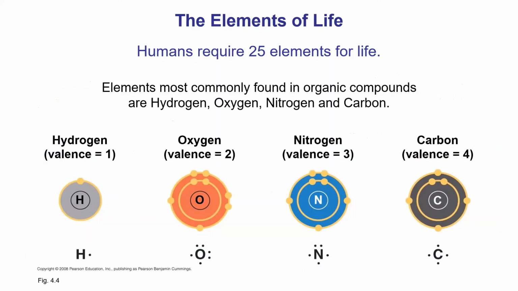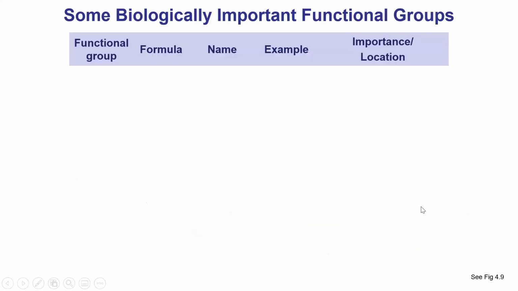If you take a look at hydrogen, it has one electron able to bond with something else. Oxygen has two that are free and ready to go. Nitrogen has three, and carbon has four. A little bit of chemistry for you. You're going to see that when we look at these molecules, and you're going to see how all of these things link together.